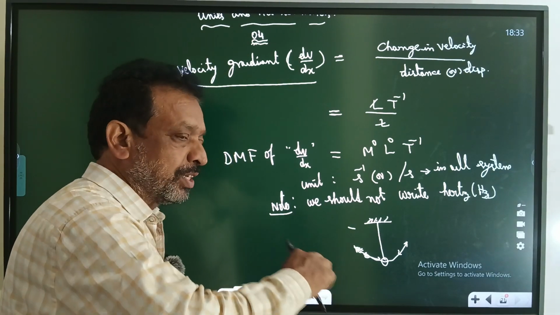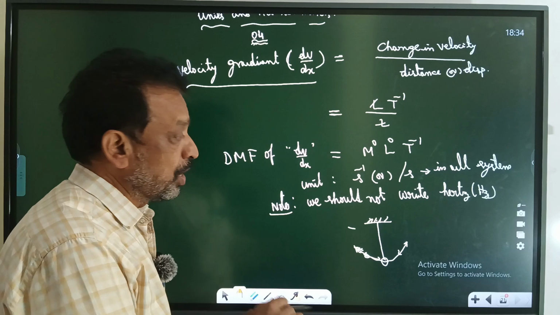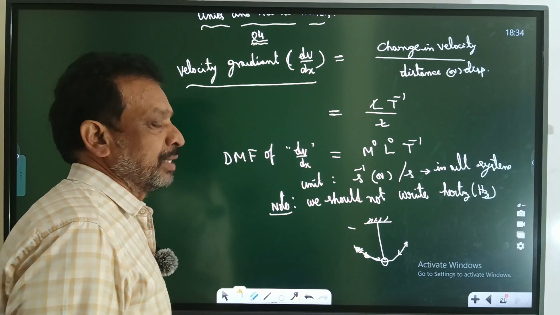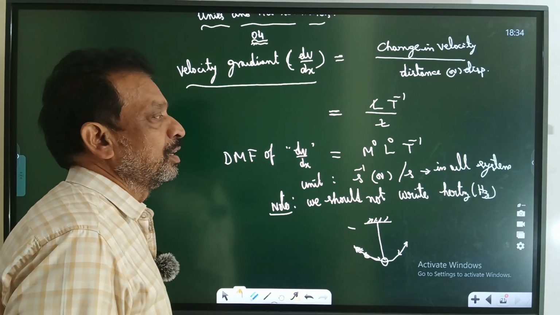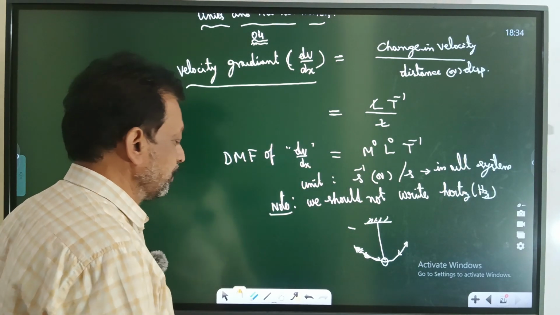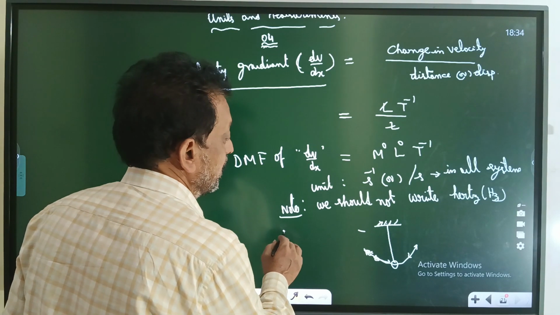Once the body starts moving, it will never come back. That's why you should not write hertz. But we can write per second or second inverse. The dimension is T to the power of minus 1. Right? Now go to the next.